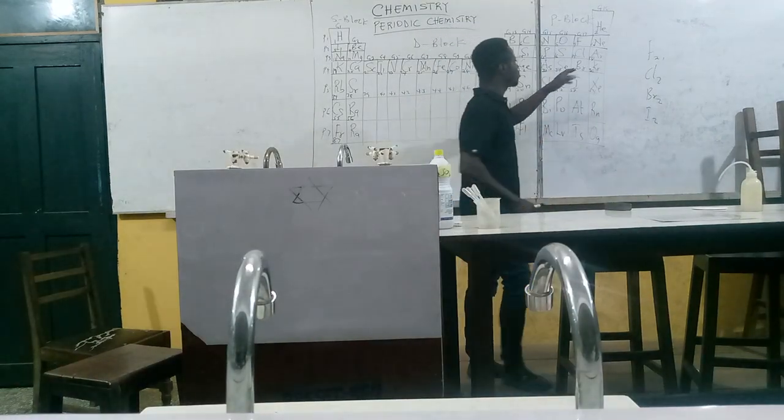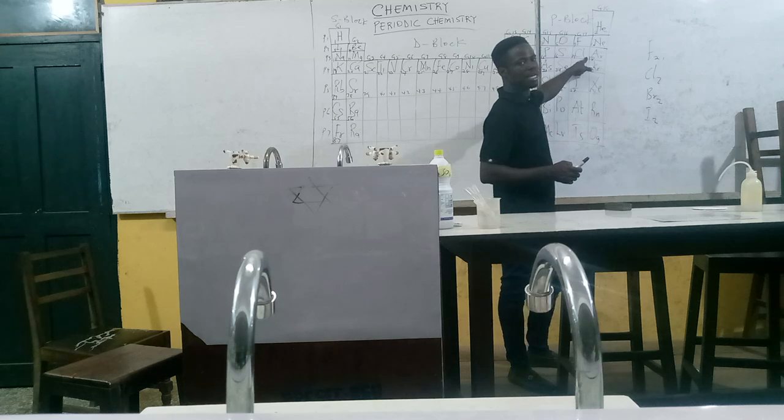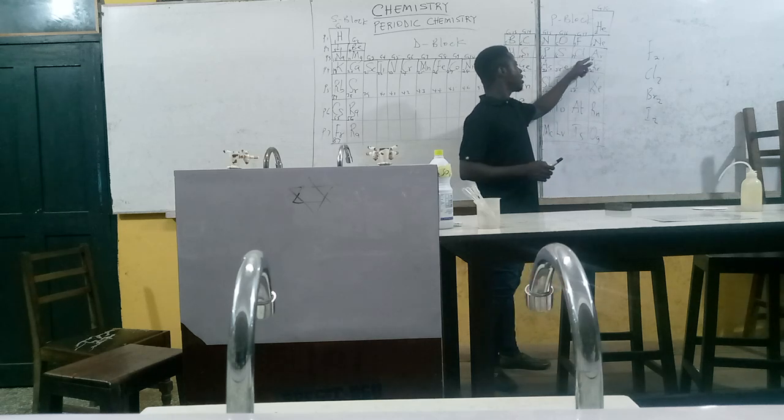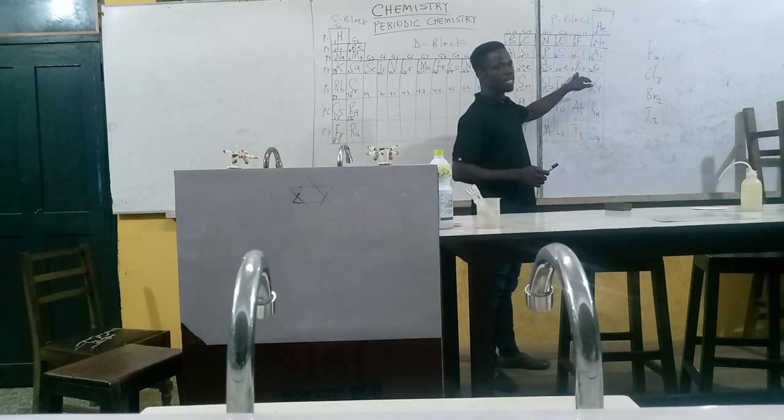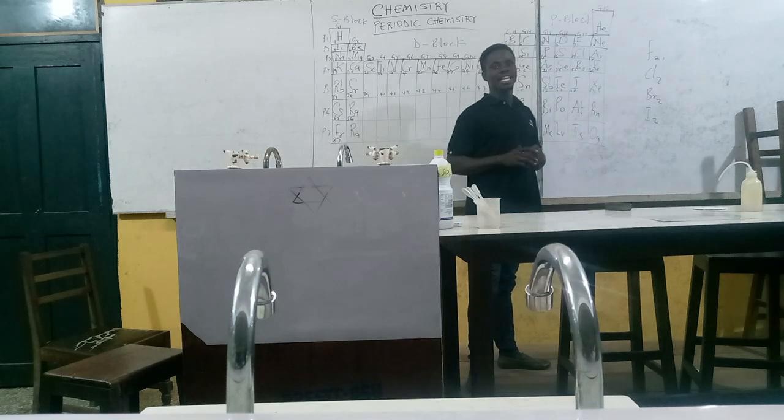Now there are some few things you need to know about the group 17 elements. Naturally, fluorine exists as a gas. But when you move down, there is bromine. This bromine exists naturally as a liquid.